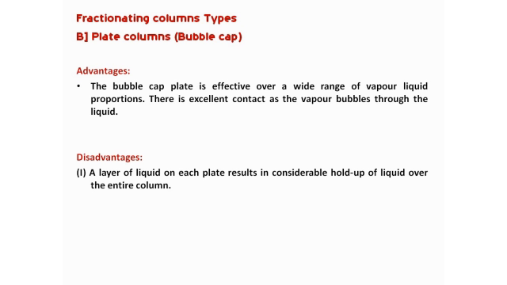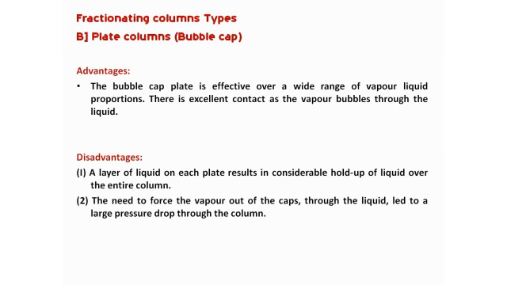But there are also some disadvantages. A layer of liquid on each of the plates results in considerable holdup of liquid over the entire column. The liquid may be held up at a particular portion of the column.